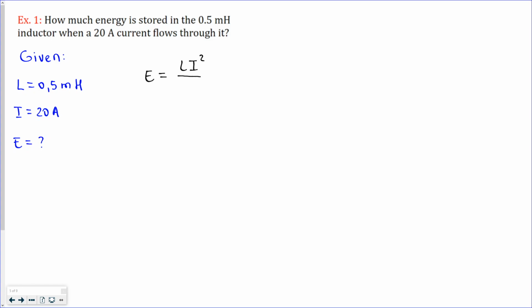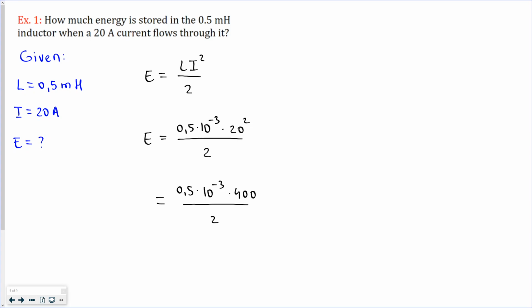This is the equation for the energy stored in an inductor, and all we do is just put the numbers here. 0.5 times 10 to the minus 3, milli, times 20 squared over 2, so it is 0.5 times 10 to the minus 3 times 400 over 2, and we can cancel this.